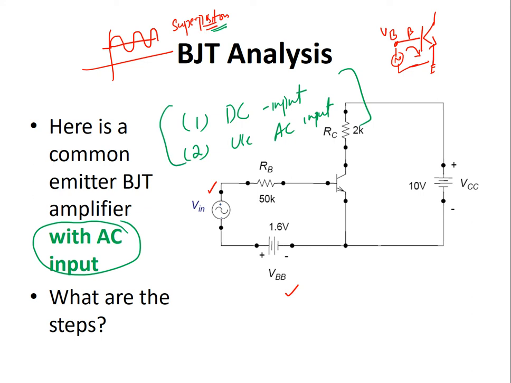How we get the output using DC, we have already learned. If you have the DC input, we calculate IB here, we calculate IC here, we calculate VC using the input minus IC into RC. We can calculate the other things as well.